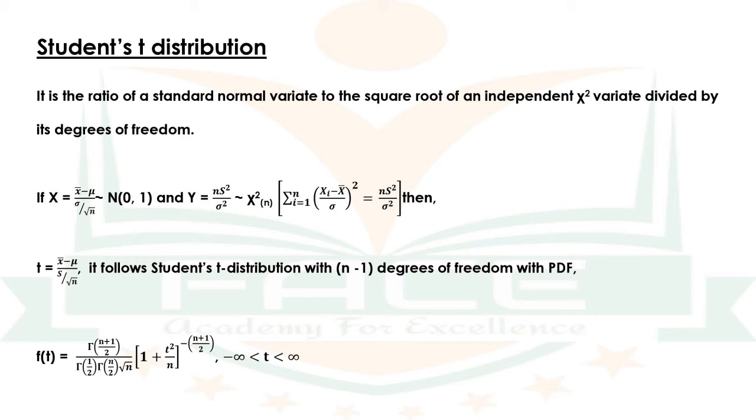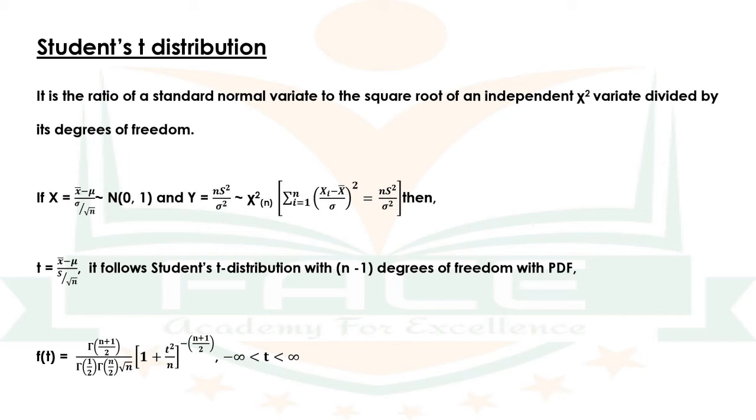That is, if x is equal to x bar minus mu by sigma by root n follows N(0,1), that is the standard normal, and y is equal to n s square by sigma square follows chi-square n, that is chi-square with n degrees of freedom. Please note that summation i equal to 1 to n of xi minus x bar by sigma the whole square is equal to n s square by sigma square. So n s square by sigma square follows chi-square with n degrees of freedom.